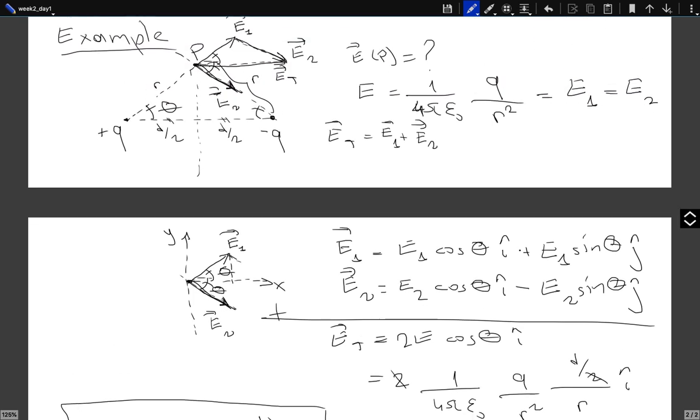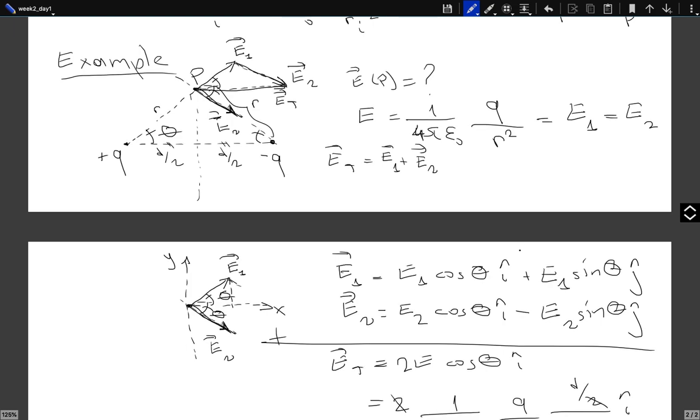So if we repeat what we did, first we made the sketch, identifying the electric field vectors created by various charges. Then we sum them vectorially. It was easier for me to write first the components of the vectors and then sum the components to obtain the total electric field.